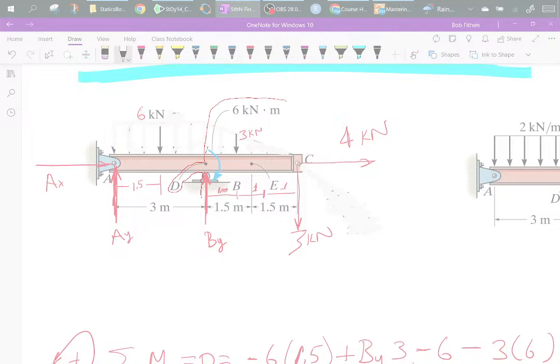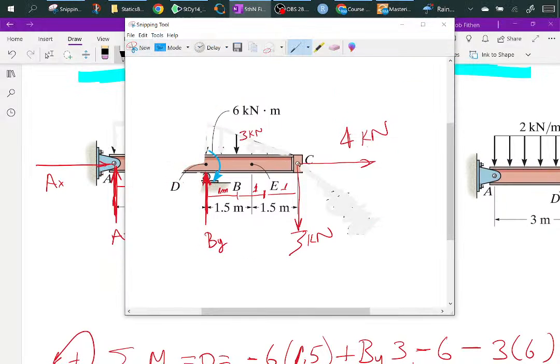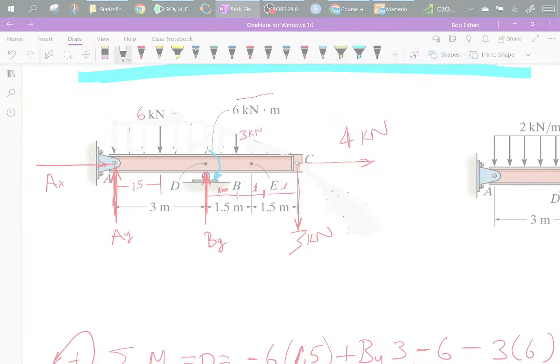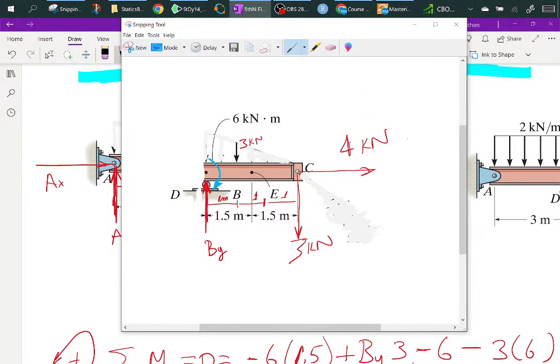I don't know how to get rid of some of this, so I'm just not even going to worry about it. So there's my D. Let me get another, because really I should have gone straight down. Okay, now I'll go grab the D, and then this is going to look weird. How about that? I don't know. That's as good as I think it's going to get, I guess.